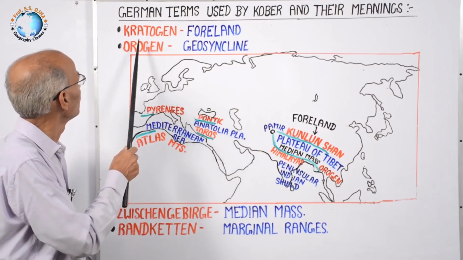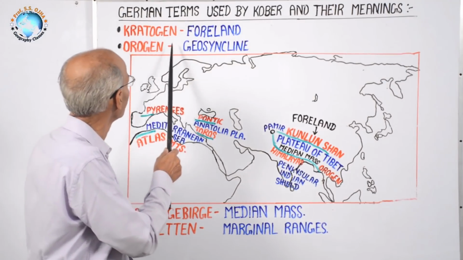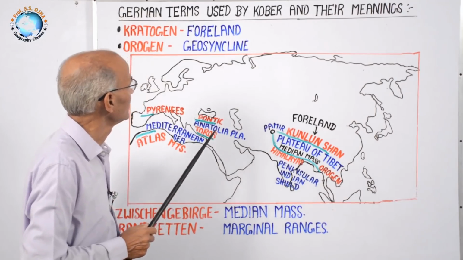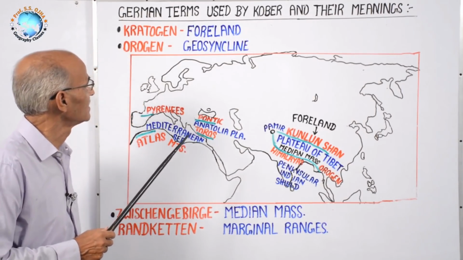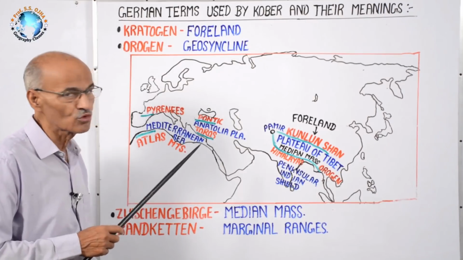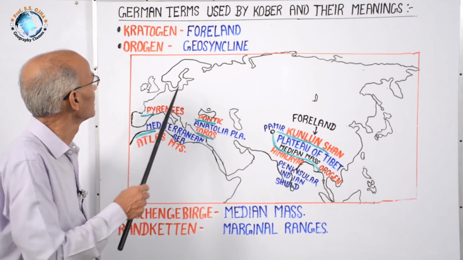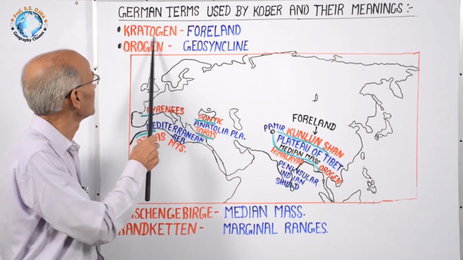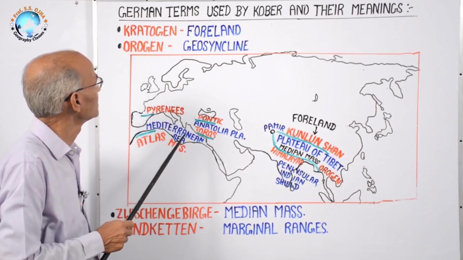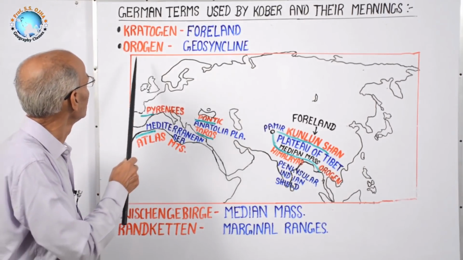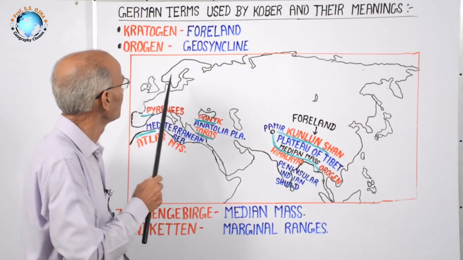So, the first word of KOBER is kratogen. Kratogen means foreland. As we discussed in the previous figure, on both sides of the depression or geosyncline there were highlands which were called kratogens, and these kratogens come closer, causing orogeny. And the second point is orogen.